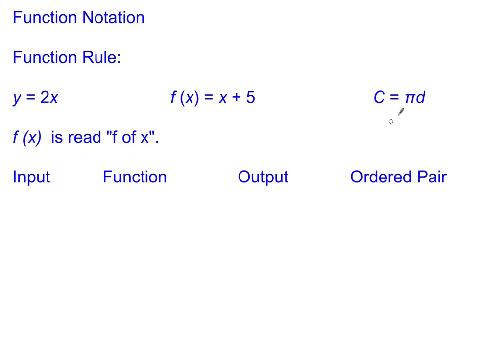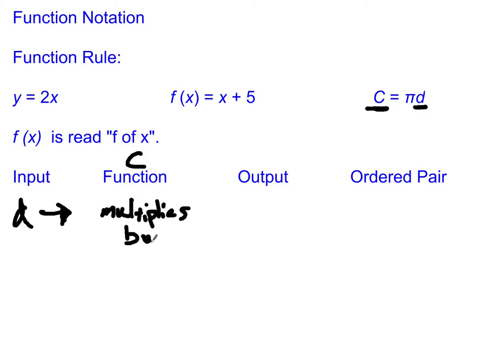Alright, now this other one, this last function, the input is d, the diameter, and the output is c, the circumference. And what does it do? So this function is c. It takes the input d, it multiplies it by pi, and then gives you an output, pi times d.